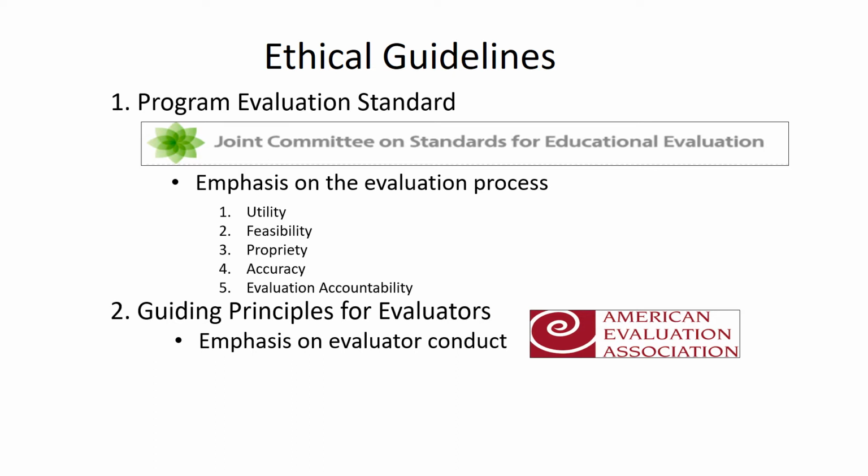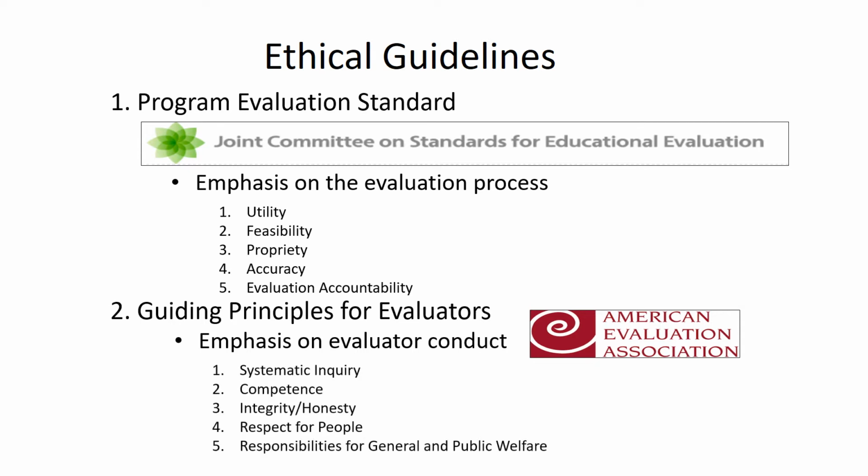Utility, 2. Feasibility, 3. Propriety, 4. Accuracy, and 5. Educational accountability. The guiding principles consist of 5 broad principles that model proper evaluator conduct. These are systematic inquiry, competence, integrity and honesty, respect for people, and responsibilities for general and public welfare.